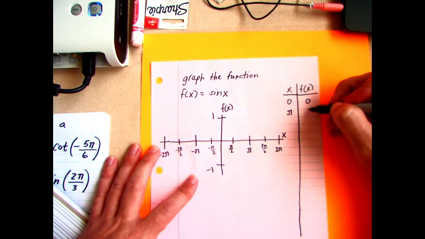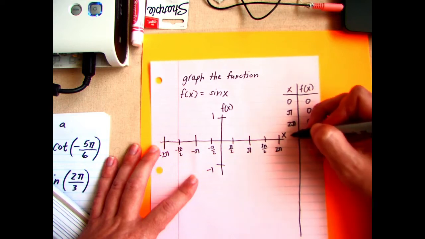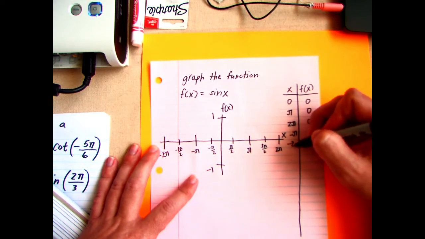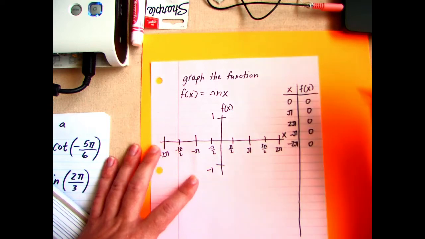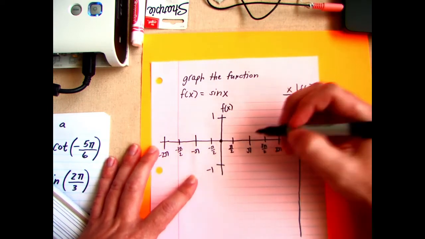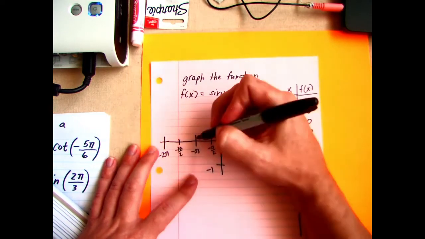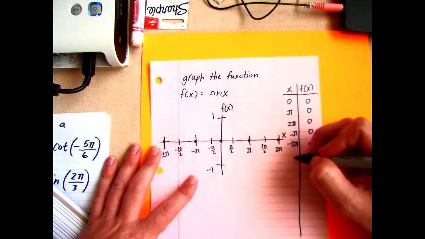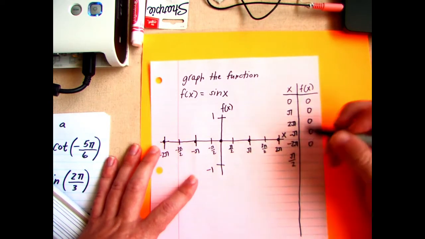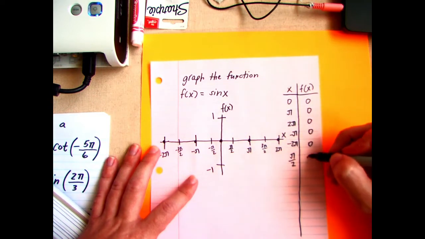So again, you really have to know some trig values off the top of your head. Sine of 0 is 0. Sine of pi is 0. Sine of 2 pi is 0. So all those values result in f of x being 0. Other critical points, sine of pi over 2 is 1.